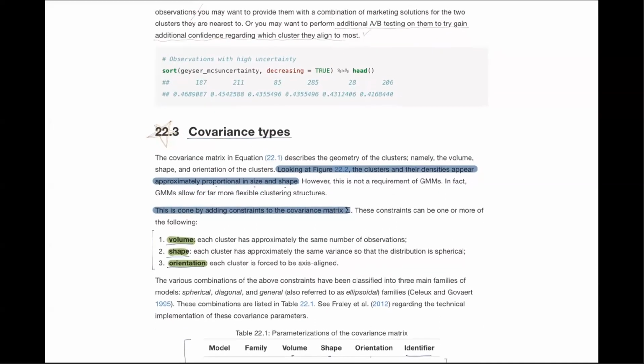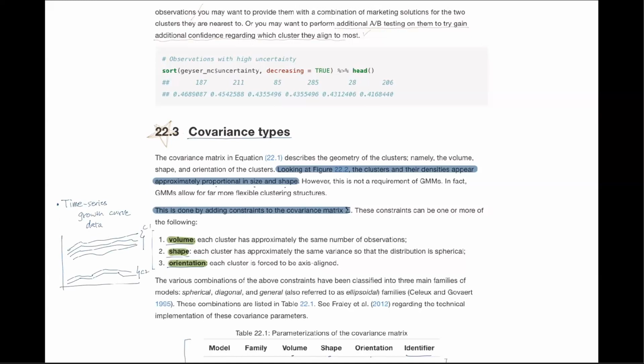Also, if you have time series, like growth curve data, maybe like this, then we can group this one as cluster 1, this one as cluster 2.